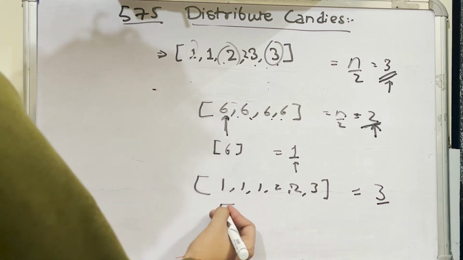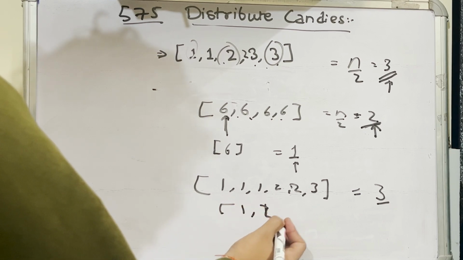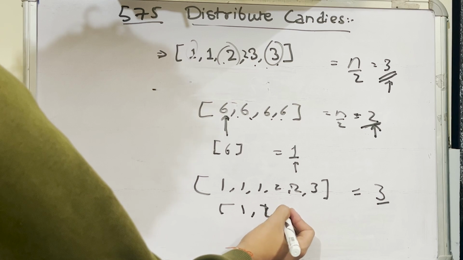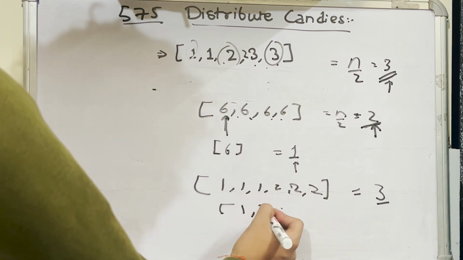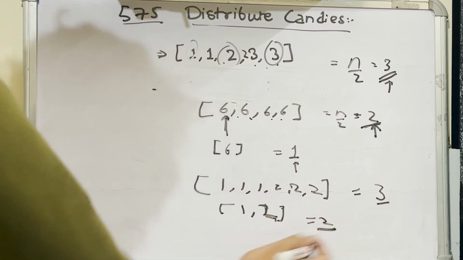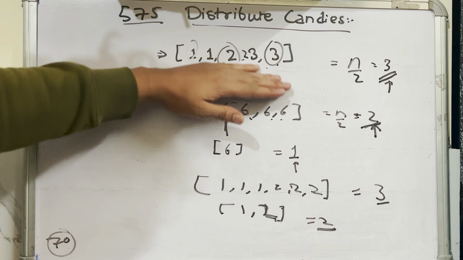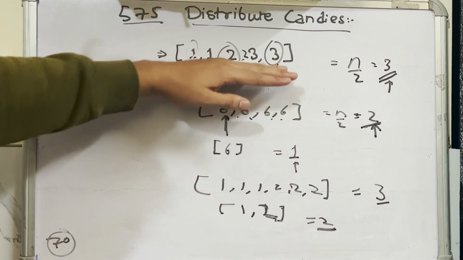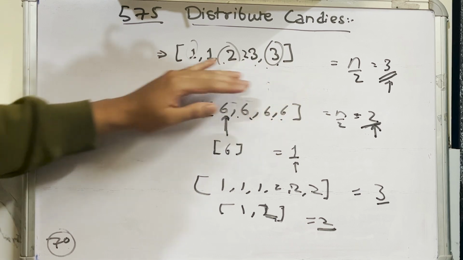But if we look, the only types possible are 1 and 2. So she can eat only 2 types of candy, so return 2. So the pattern of this question is, we are given some types, and we have to return the number of different types of candy.